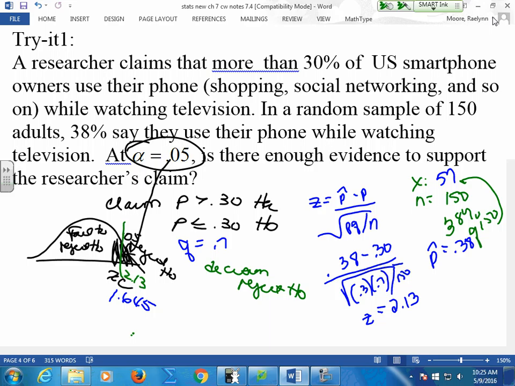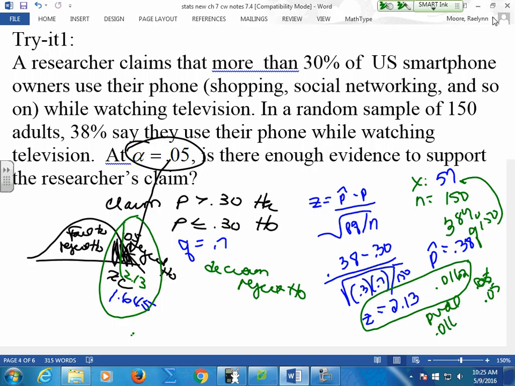So I subtract my area from 1, and I get 0.0162. This is the value associated with this z-score. This was the value associated with that cutoff over there, 0.05 and 1.645. So p-val, level of significance, and I could see that I'm less than or equal to, and I'm rejecting my H0. My decision is exactly the same.